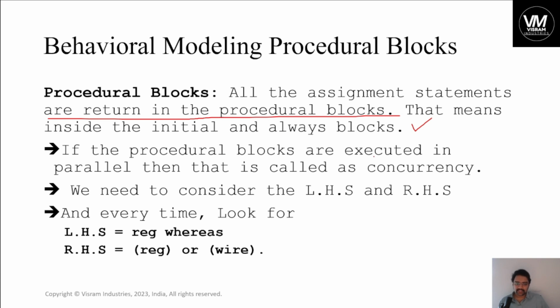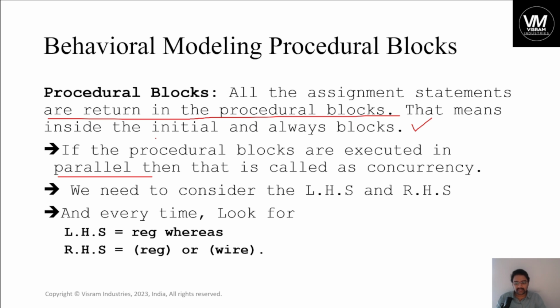The procedural blocks are executed in parallel. For example, while we are writing bigger codes, you are adding multiplexer code in the top down approach, or the bottom up approach. In those, we are clubbing all the modules.